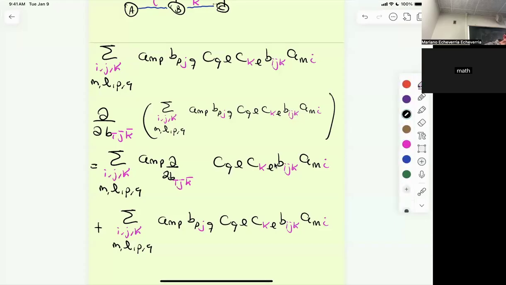You take the derivative of the first factor and do nothing to the second factor, or do nothing to the first factor and take the derivative of the second factor. So that is what the product rule looks like in this case.